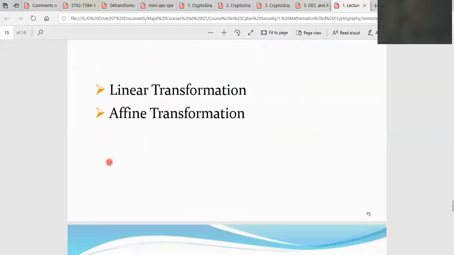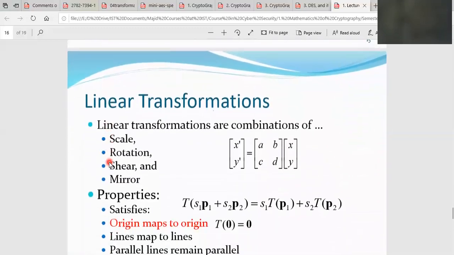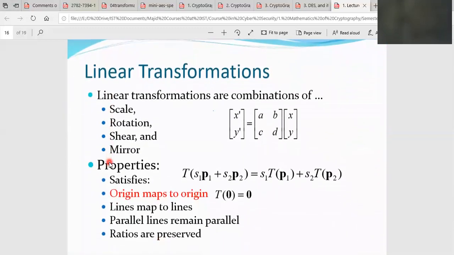There are some properties of linear transformation. Linear transformations are basically a combination of scaling, rotation, shear, and mirror. One of the fundamental properties of any linear transformation from any set of n-tuples to m-tuples is that the origin maps to the origin.